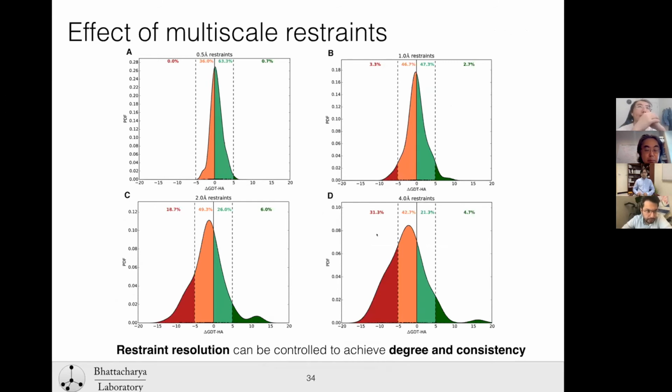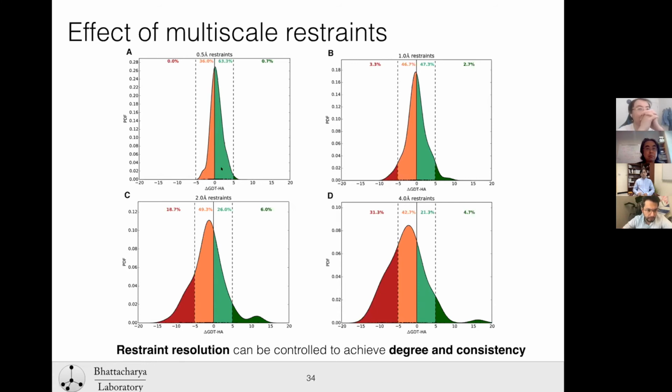Using a data set of 150 non-redundant refinement structures, we studied what happens if we apply each of these restraints separately. That is, we apply 0.5 Angstrom error restraints, 1 Angstrom, 2 Angstrom, and 4 Angstrom. In the figures that you see here, the x-axis represents the delta GDT HA score, which represents the amount of change compared to the starting structure.